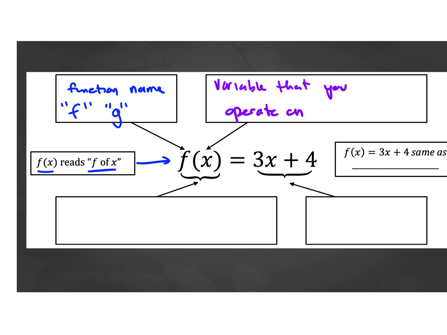It's saying whatever number goes in there is what I am doing the operations to. So f of x, that whole thing, would be considered your output. It's what happens once x has been put in there.